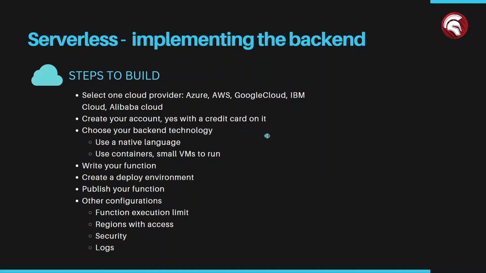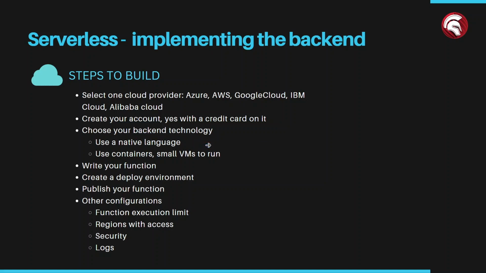So many cloud providers have free services that we can use and not pay, but all the services have limits, and when we step through that limit, we have to pay for using the services, right? And after that, we have to choose the backend technology.